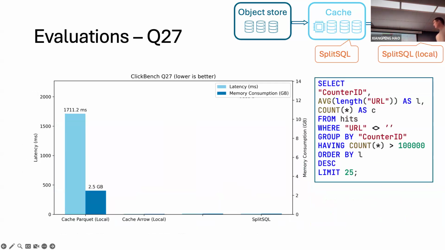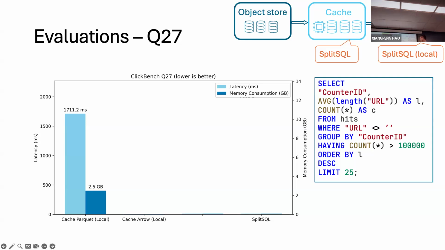And here's a kind of outlier of the system, so it gives you an idea of when it works and when it doesn't. This is query 27. It has a pretty heavy computation workload, but it only has one filter: URL is not empty.